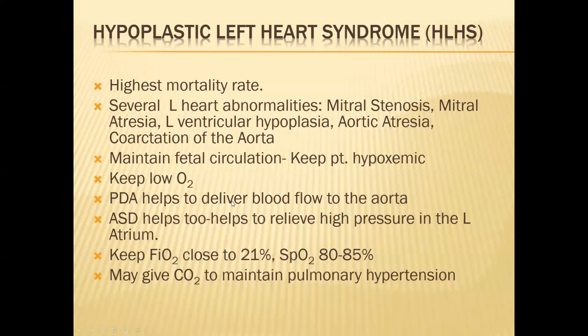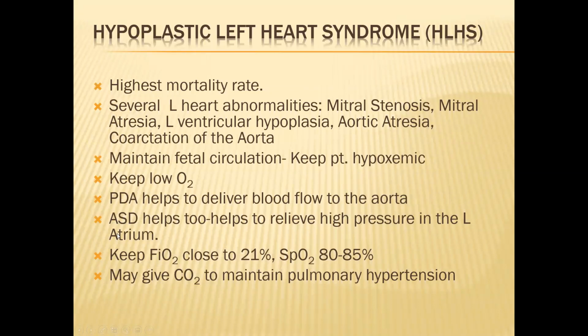All right, so with hypoplastic left heart syndrome, it says to maintain fetal circulation, and you do this by keeping the patient hypoxemic. Again, it has to do with constricting the pulmonary vessels. Keep low oxygen to constrict the pulmonary vessels. And it helps to have a patent ductus arteriosus to get blood to the aorta.